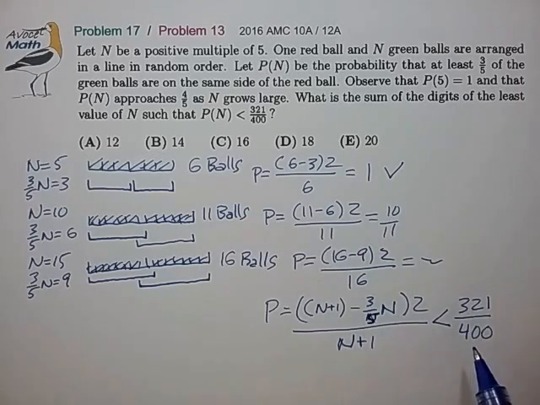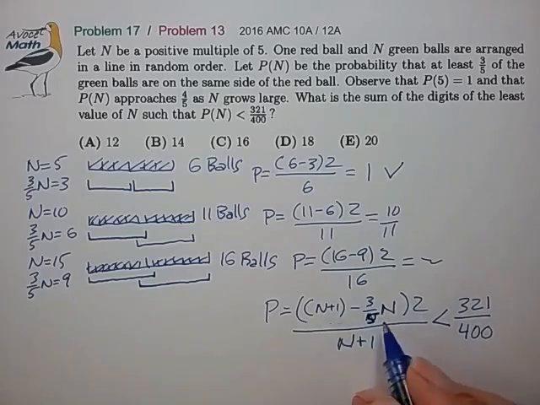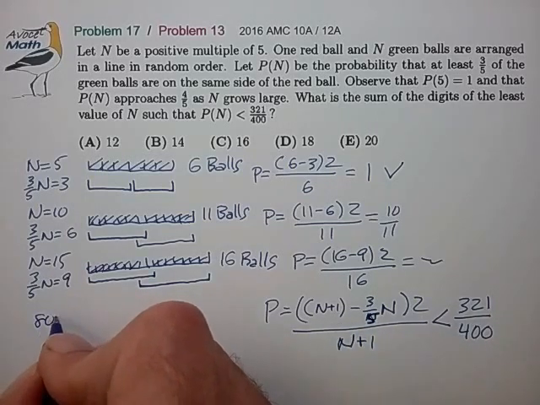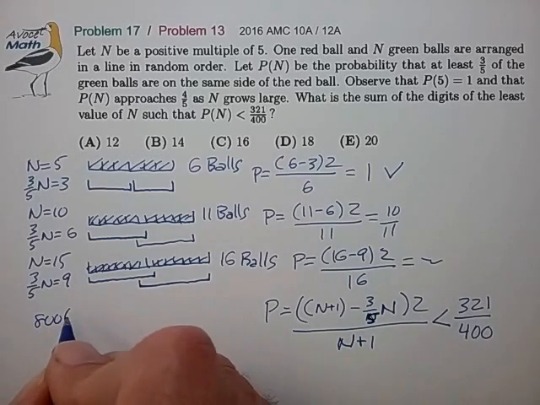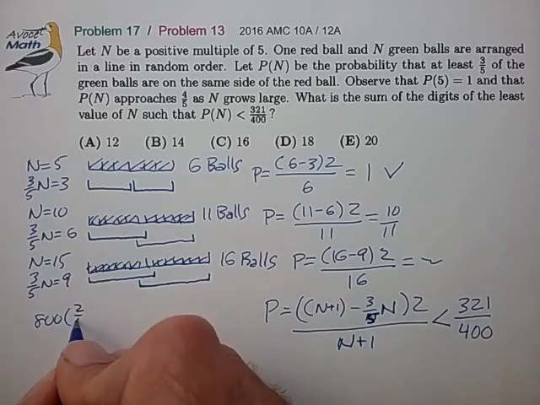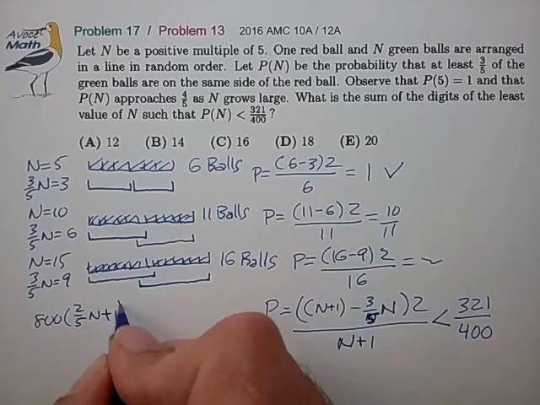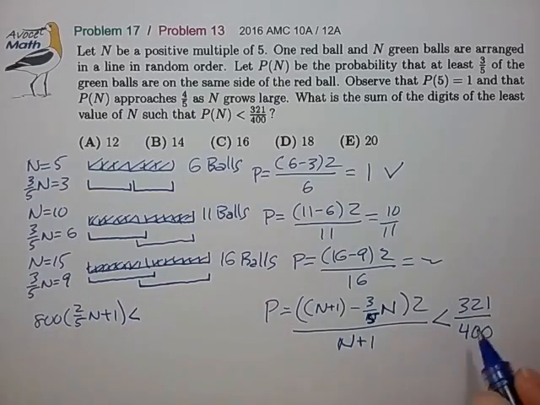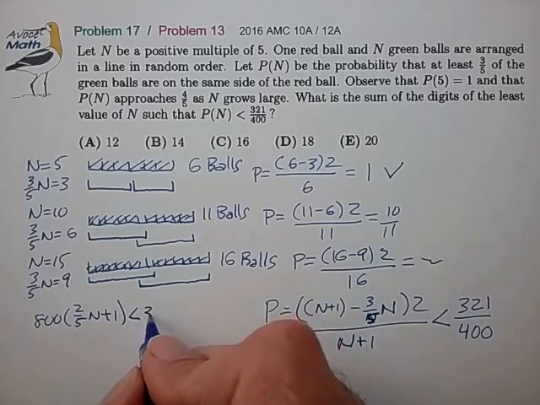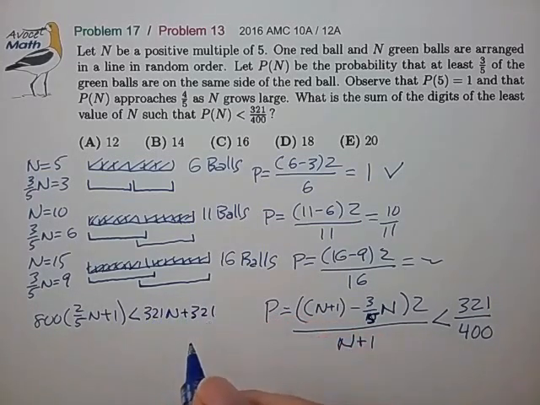So let's cross multiply in the usual fashion. 400 times 2 times all of that is 800 times n minus 3/5 n, that's 2/5 n, and there's a plus 1. We want that to be less than 321 times n plus 1, which is 321n plus 321.